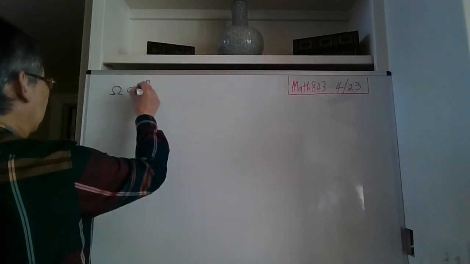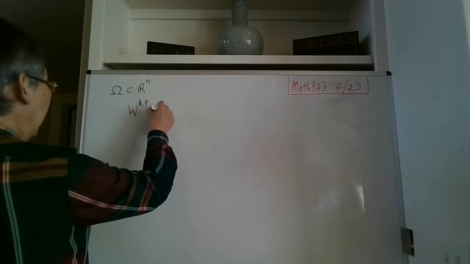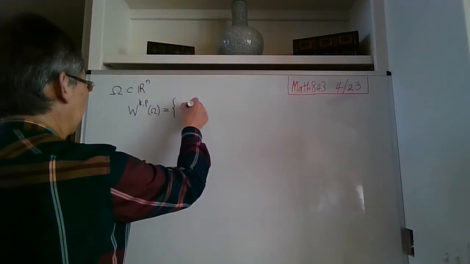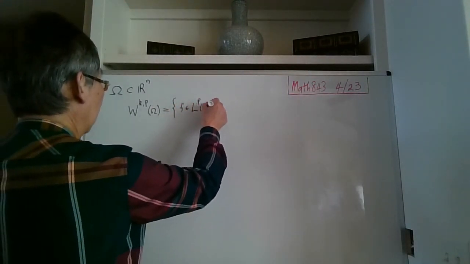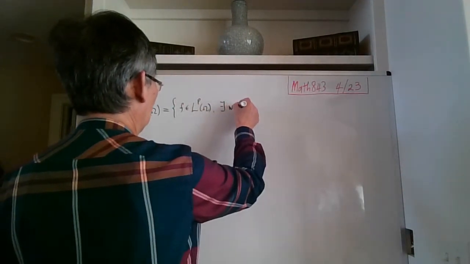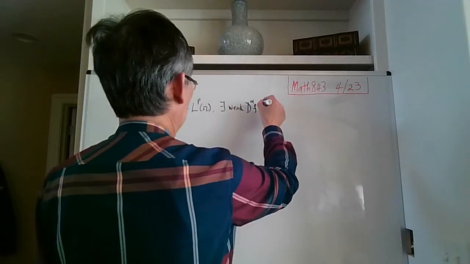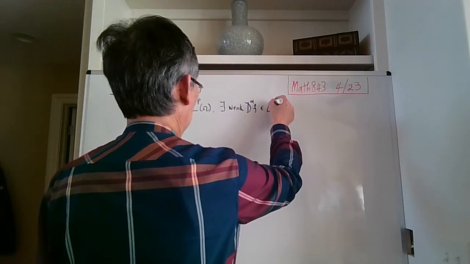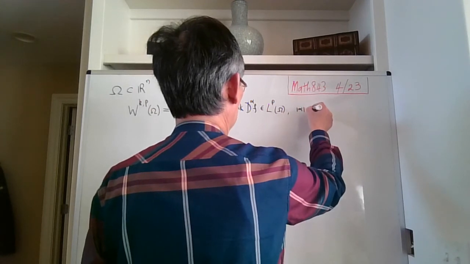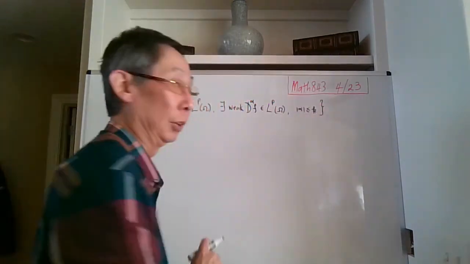The Sobolev space W^{k,p} equals all the f in the L^p space such that there exist weak derivatives D^alpha f, which are also in L^p of Omega, for all multi-indices alpha less than or equal to k. Okay, so this is the notation of the Sobolev space.